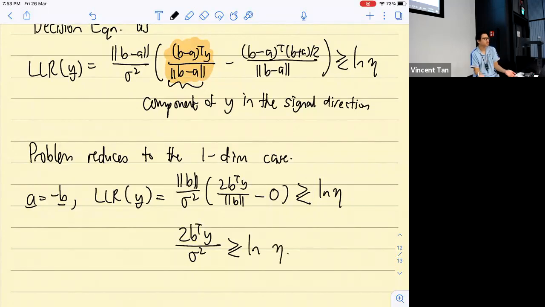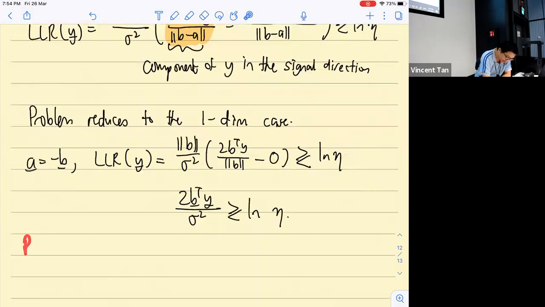And you notice that this is very similar to the one-dimensional case. The only difference here is that these are vectors now, but after the projection, we still get a one-dimensional problem. So all we need to do is to work in this particular subspace. Then we can compute, for example, the probability of error given X is equal to minus B, and now B is a vector.